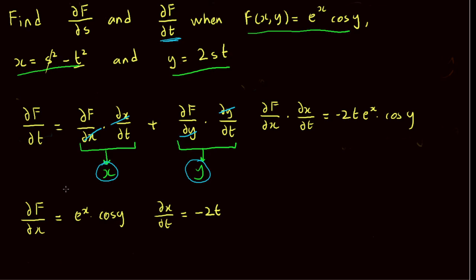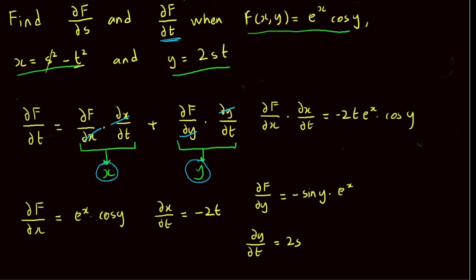Now for del f del y, del f del y is just simply negative sine y e to the power of x, because e to the power of x is a constant. Del y del t is just simply 2s.